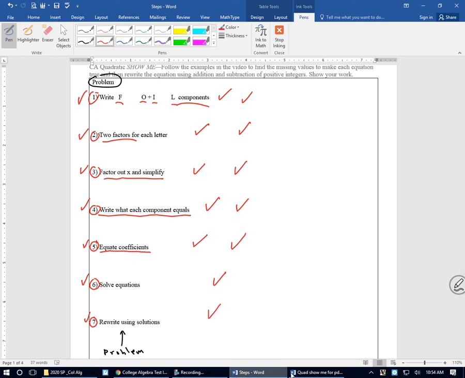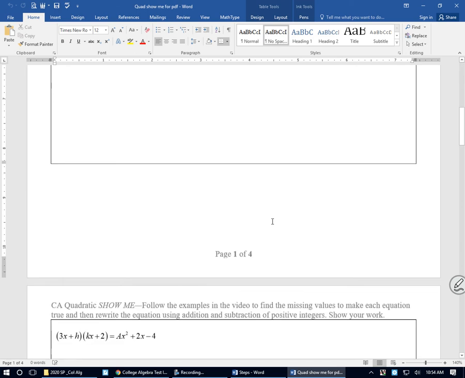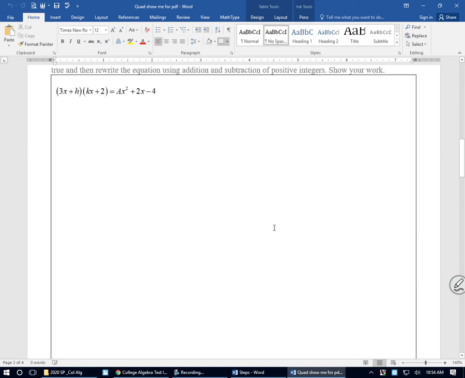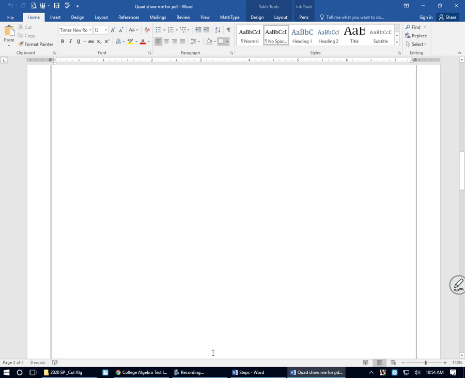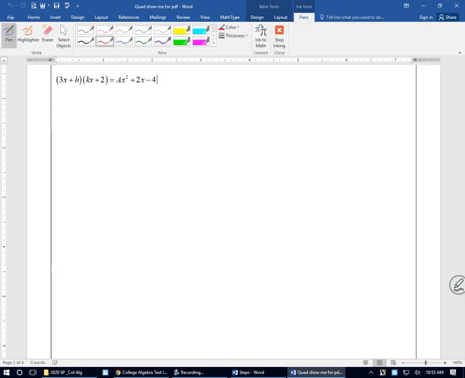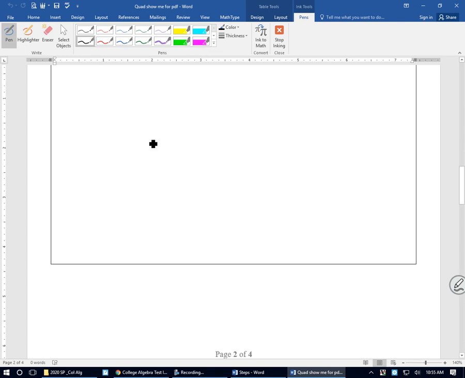Let's look at how that works with a problem. To start with, I'm going to rewrite that problem at the bottom. 3x plus h, times kx plus 2, equals ax squared plus 2x minus 4.